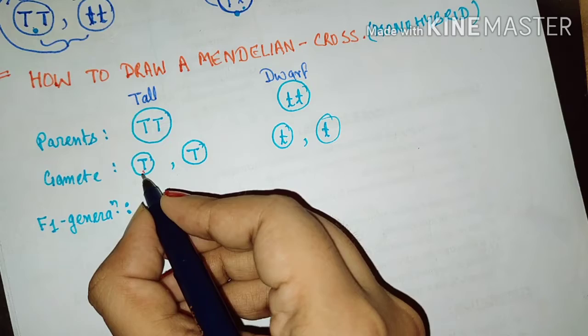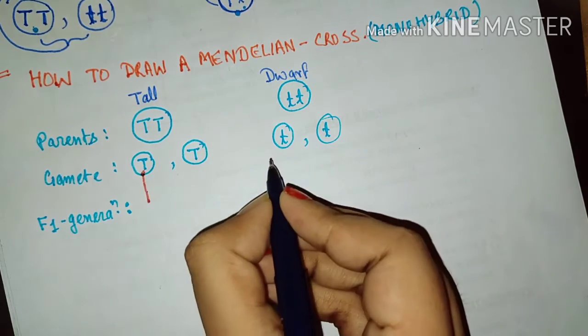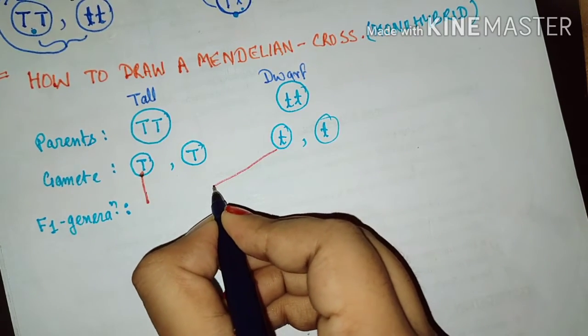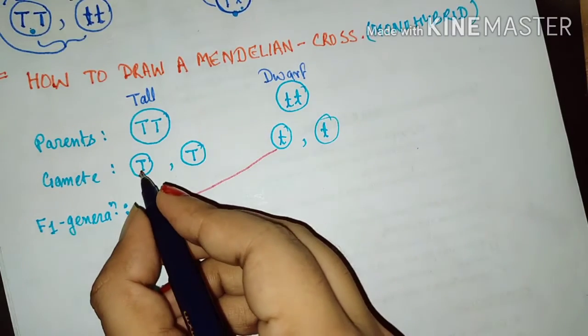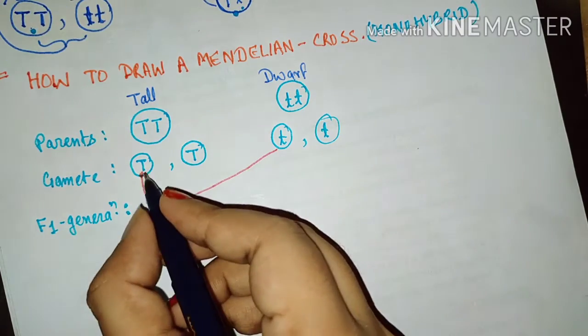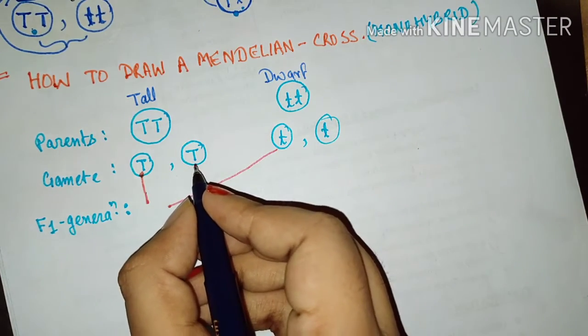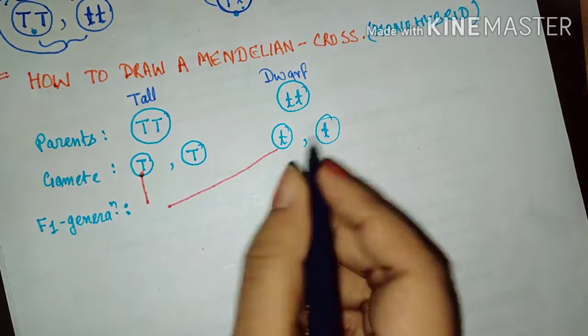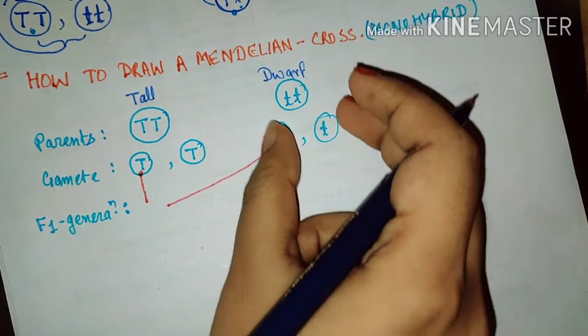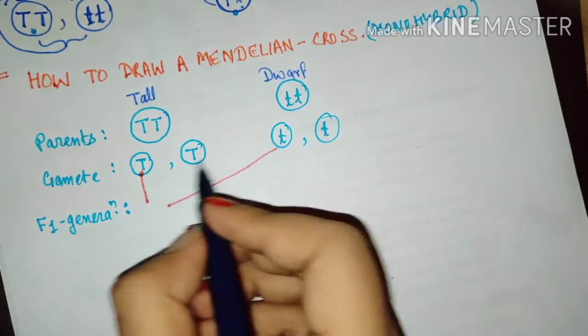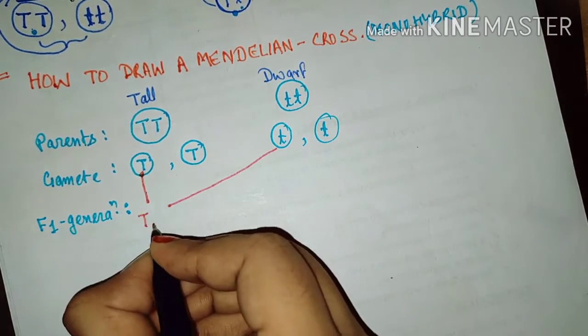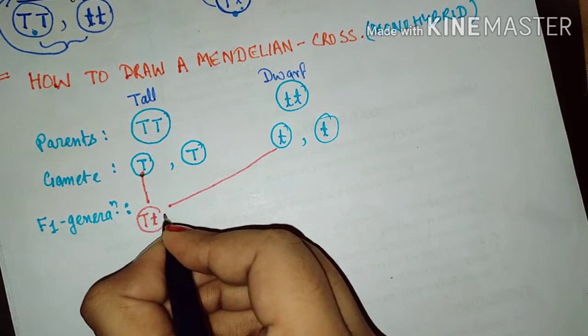You know that for the fusion, one gamete from each parent will come. This gamete cannot fuse with this gamete from the same parent. It has to fuse with either of these two, which are the gametes of the second parent. So capital T, small t. This is formed.